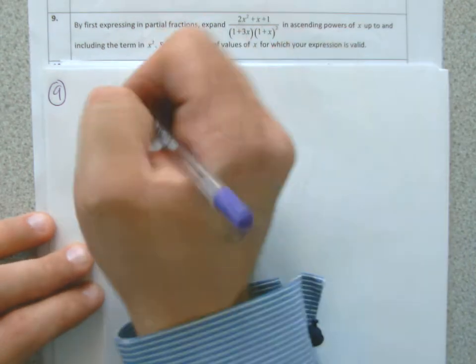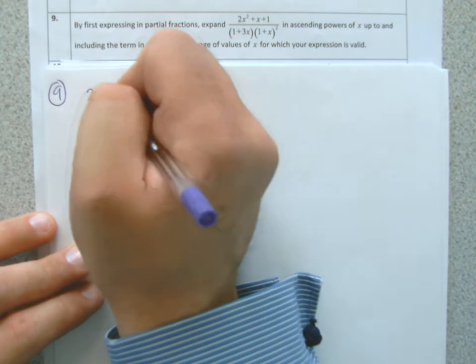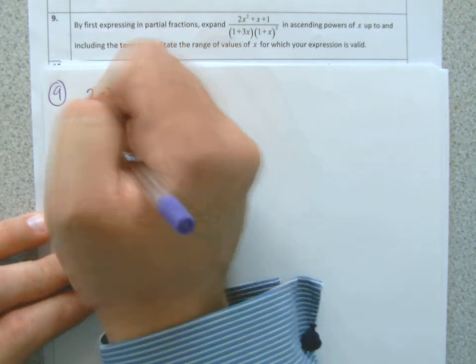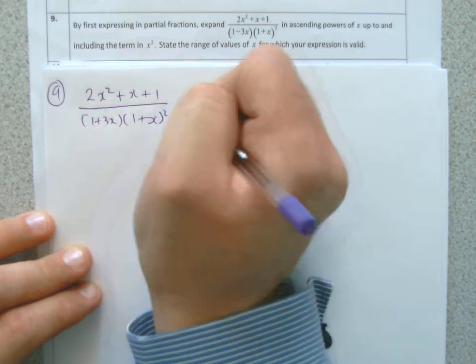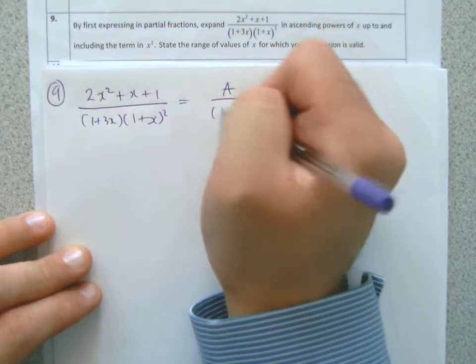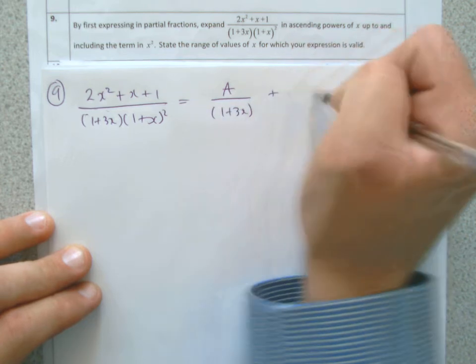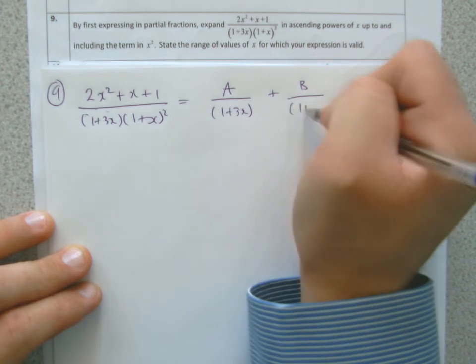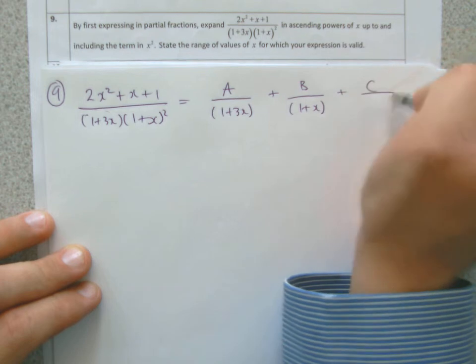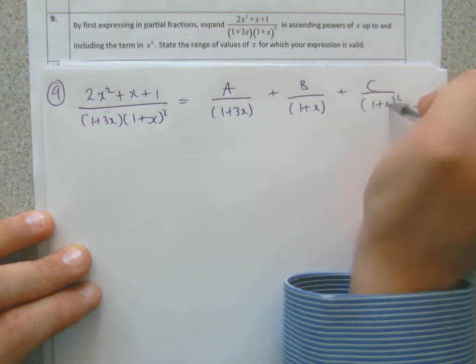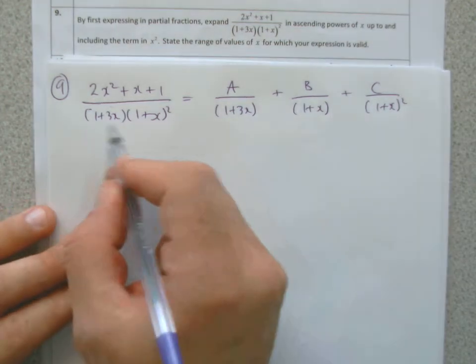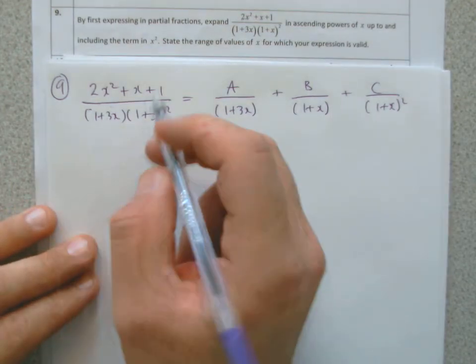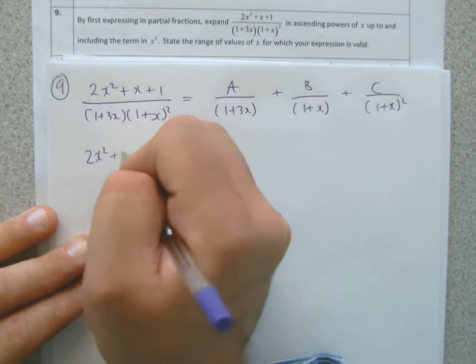So what we do is, by partial fractions, we set it up as we normally do. You've got A over 1 plus 3x, plus B over 1 plus x, plus C over 1 plus x all squared. Then we multiply through by that bottom here, so we get 2x squared plus x plus 1.